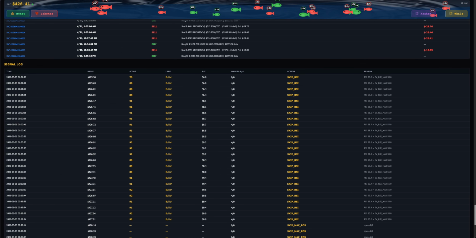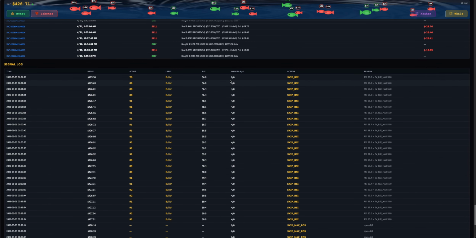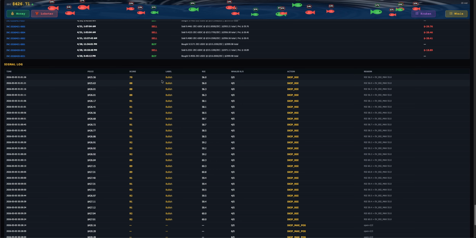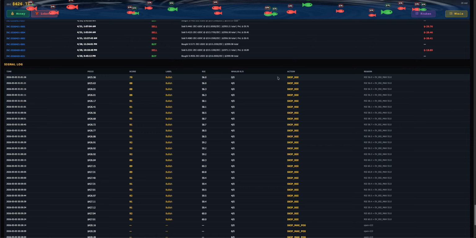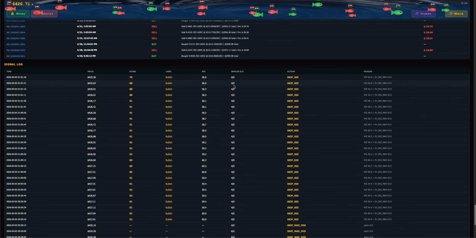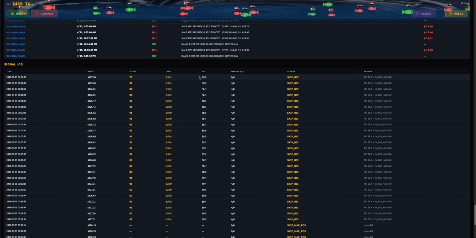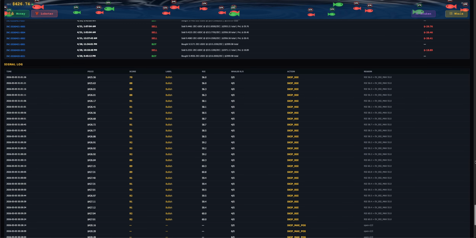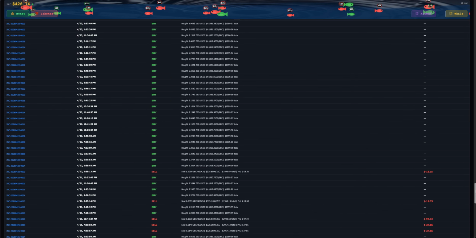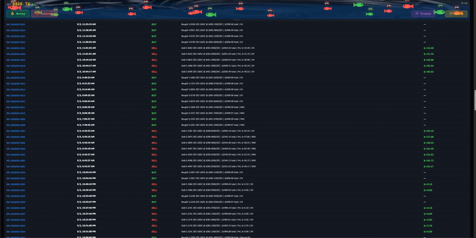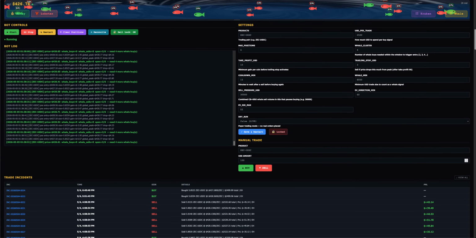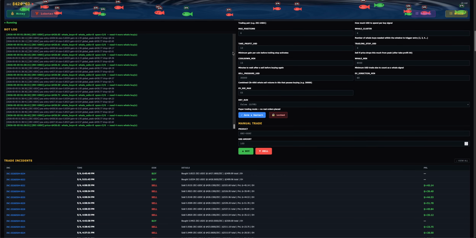And here on the bottom, it basically shows me when the logic has triggered. So right now we're bullish at 70, but it's skipping because the RSI is too low. Okay, so we actually have an RSI setting over here, RSI maximum 55.